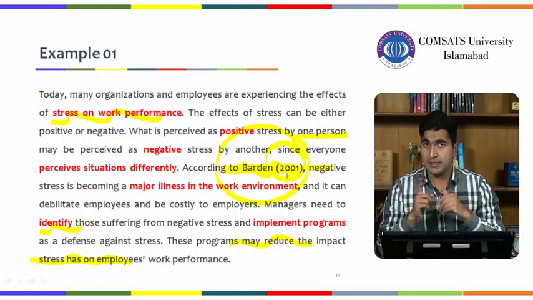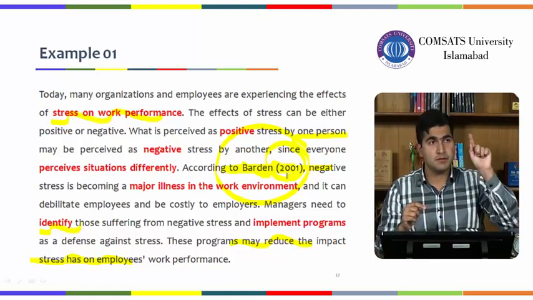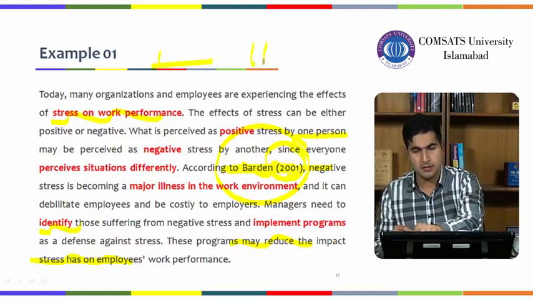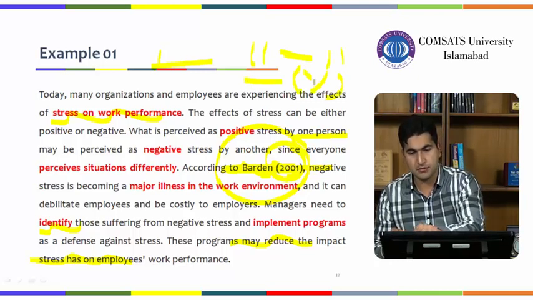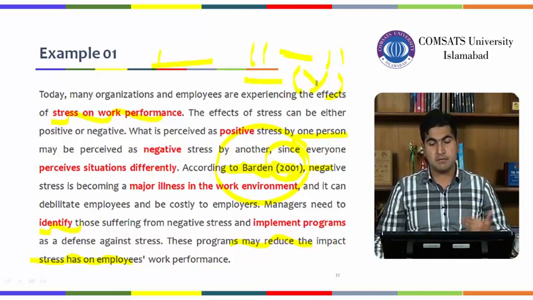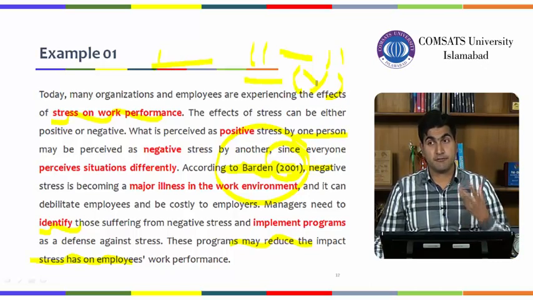The technique is, once again, exact quotes within quotation marks, then the author's name, then brackets, year. That's how you do it, no plagiarism. This is the basic technique of avoiding plagiarism and writing in a professional way.